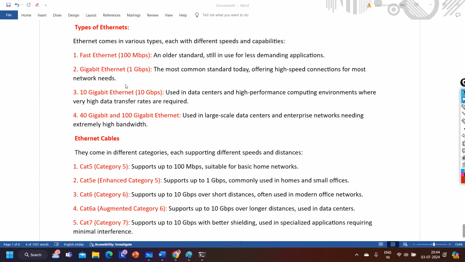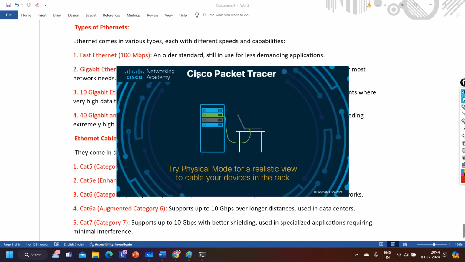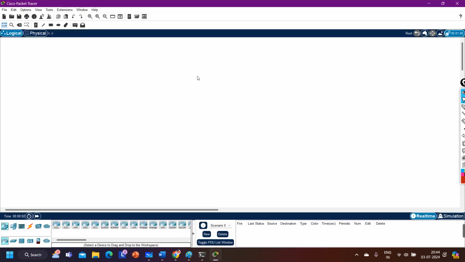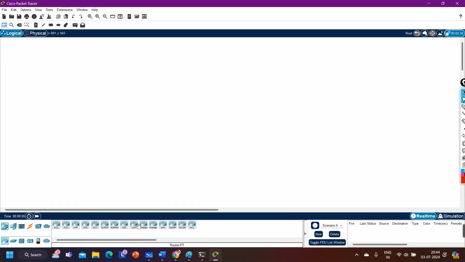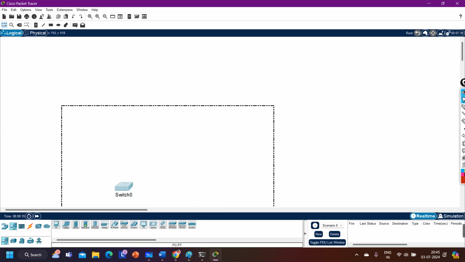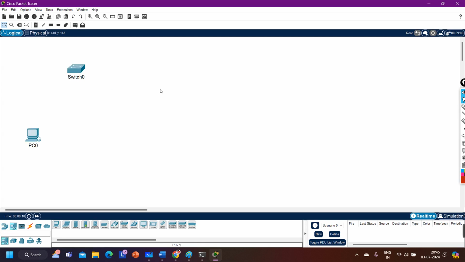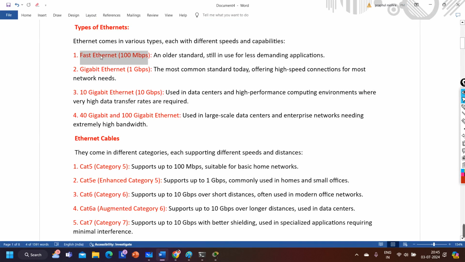So types of Ethernet. First is Fast Ethernet, that you are using in Packet Tracer right now. Before Fast Ethernet we have Ethernet as well, but nowadays we are not using it generally. So to connect these two devices together, I need an Ethernet cable here, and my cable can be Fast Ethernet or Ethernet.